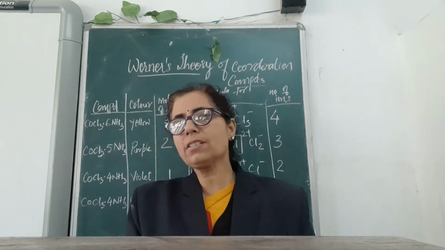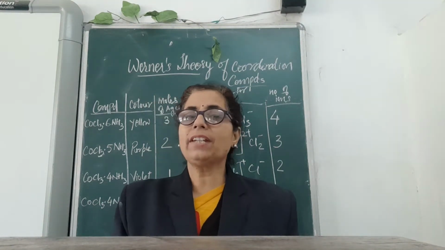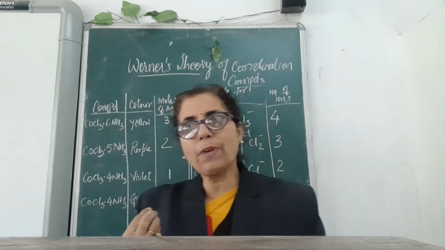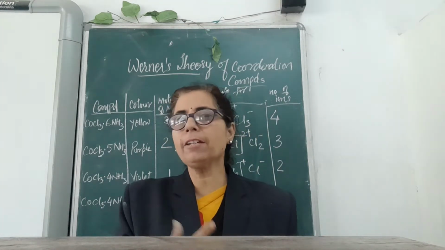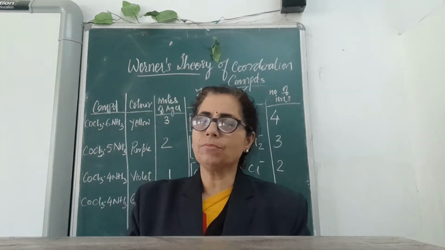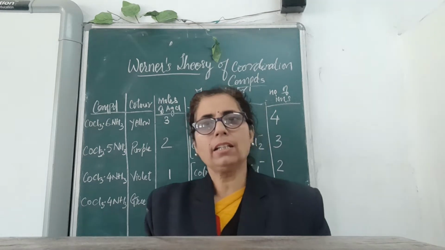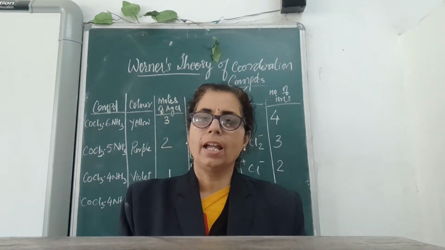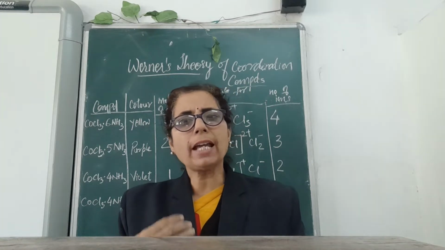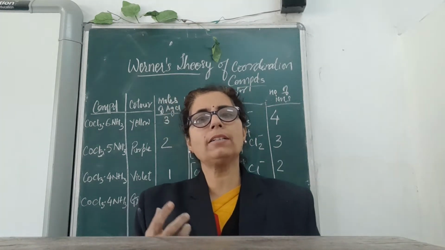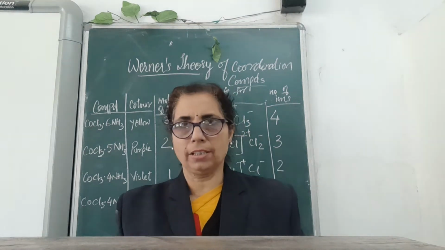Werner was the first scientist who attempted to find out the actual bonding in coordination compounds. He made an attempt by combining cobalt chloride with ammonia, and he found different types of complexes, different ways of combining cobalt chloride with ammonia.